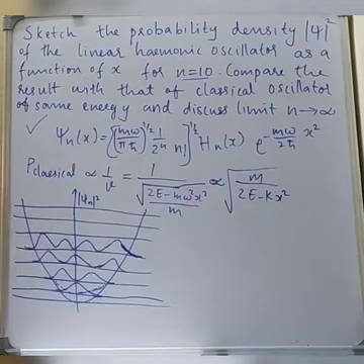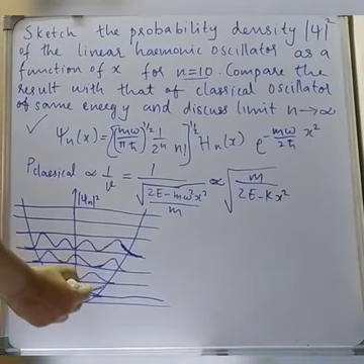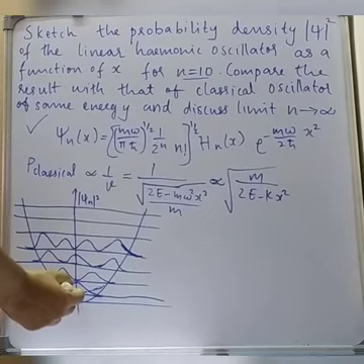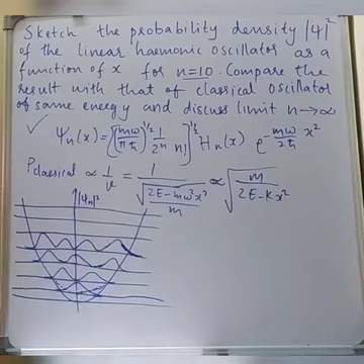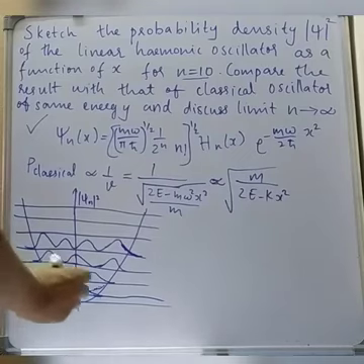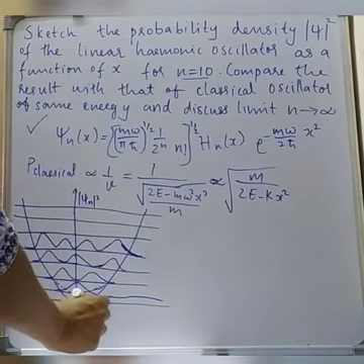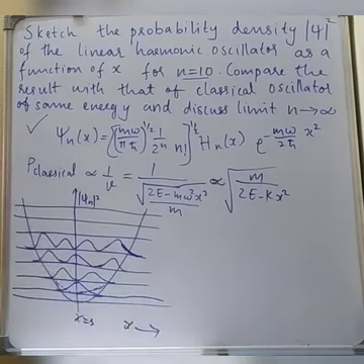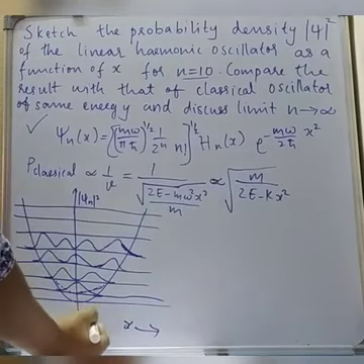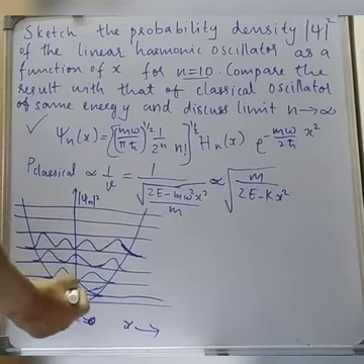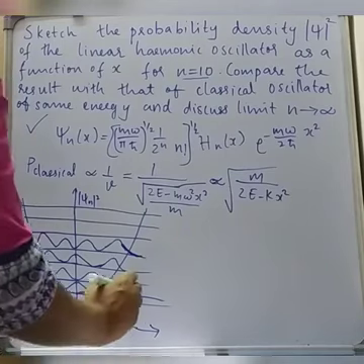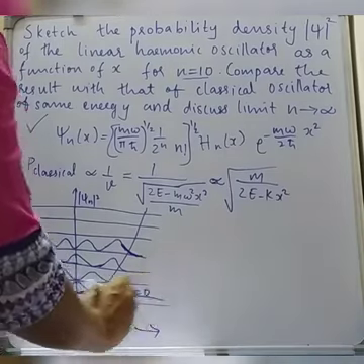For n equal to 0, that is the zero point energy, the classical probability is a minimum or almost 0 at the center, but quantum mechanically we have maximum probability to find the particle at the center of the harmonic oscillator, at the origin, x equal to 0. So classical probability is just opposite to quantum probability for small quantum numbers.